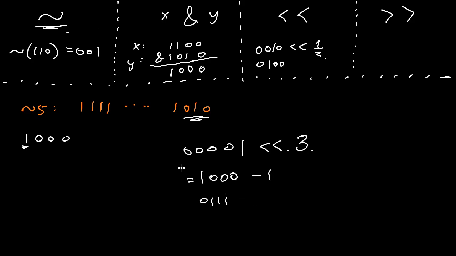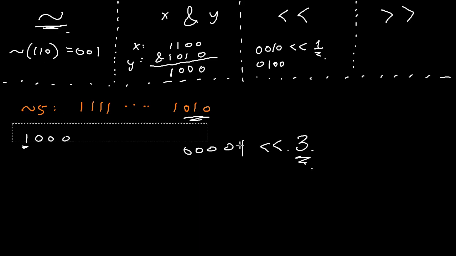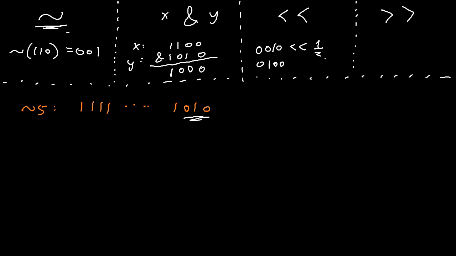Okay, so now we have another problem. How do we know that these 3 bits are the important ones? They come from the very beginning, from our original number 5. Remember, 5 is represented as 0, 1, 0, 1. So you can see here that these 3 bits are the most important.